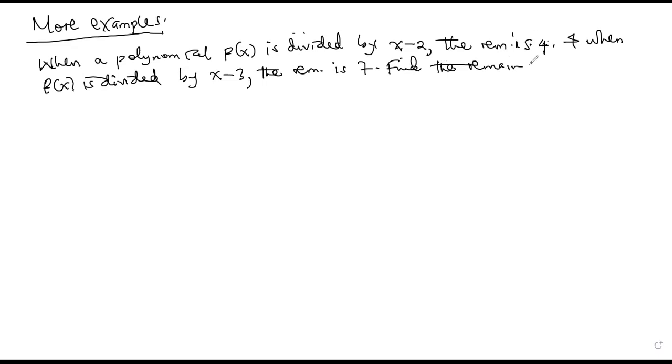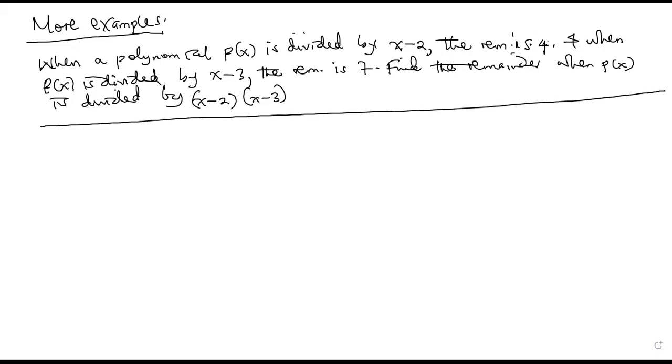Find the remainder when p(x) is divided by x minus 2, x minus 3. This format of a question came in UNEB last year. And after doing this example, I'm going to give you that question of UNEB last year and you do it.